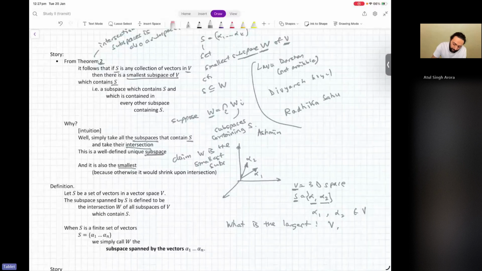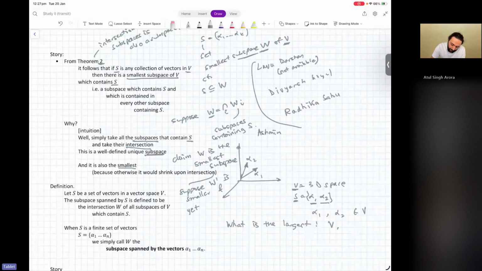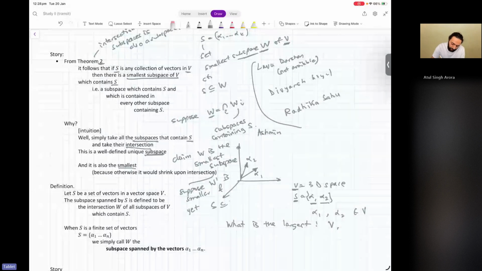Because suppose it was not, so suppose W prime is smaller and yet S is contained in W prime. Then we have a contradiction.